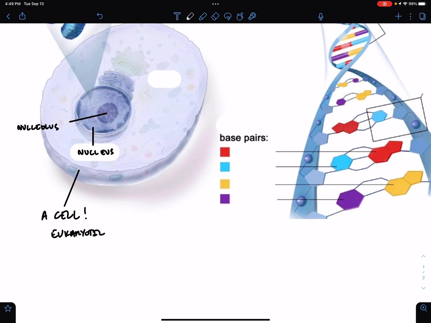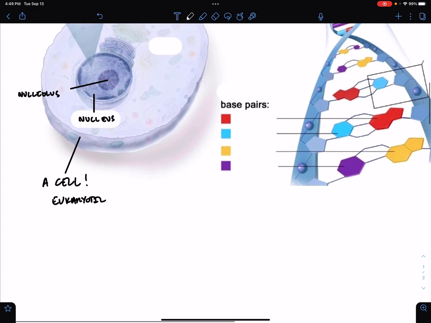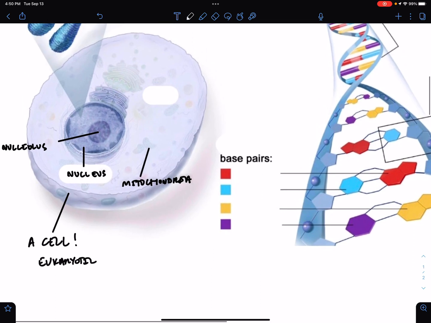The other reason we know this is a eukaryotic cell is because it has membrane-bound organelles. Here it's pretty hard to see, but this is a mitochondria, the powerhouse of the cell. This is a structure called the endoplasmic reticulum, but we can just abbreviate it and call it the ER. And this is a structure called the Golgi body.